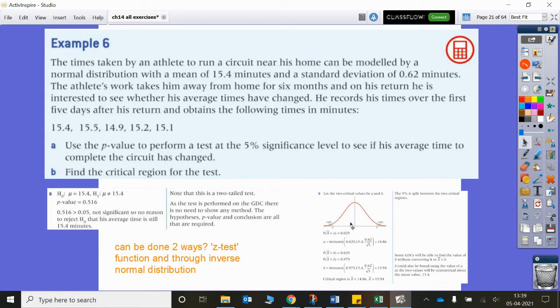Okay, so example 6 says the times taken by an athlete to run a circuit near his home can be modeled by a normal distribution with a mean of 15.4 minutes and a standard deviation of 0.62 minutes. The athlete's work takes him away from home for 6 months, and on his return, he is interested to see whether his average times have changed.